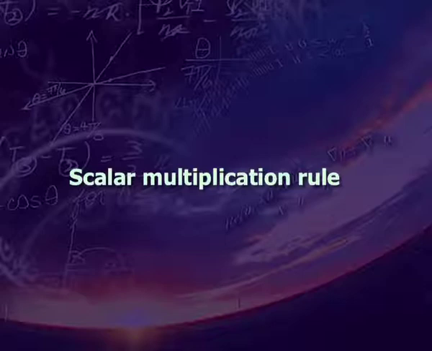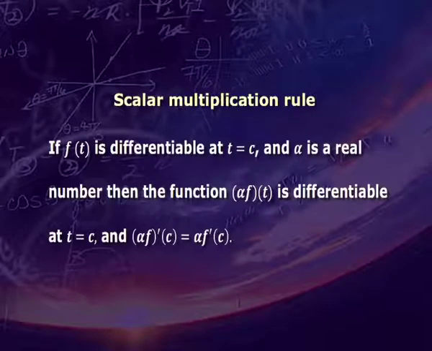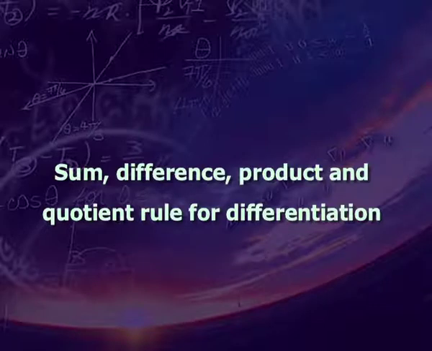Scalar multiplication rule: if f(t) is differentiable at t = c and alpha is a real number, then the function alpha f(t) is differentiable at t = c, and (alpha f)'(c) is equal to alpha times f'(c). Sum, difference, product and quotient rule for differentiation.